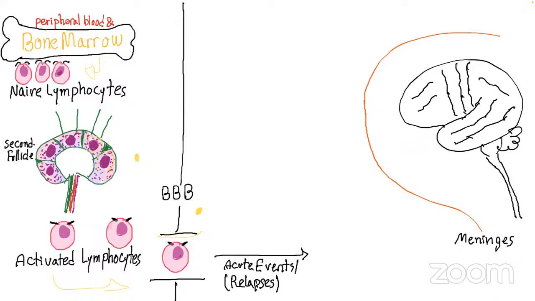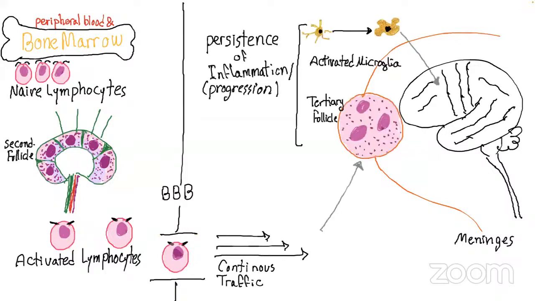Over time, when a number of cells start trafficking, if we call this a trafficking problem, let me remove everything. Here are more drawings. Okay, with ongoing trafficking of these lymphocytes, they start to have their own residence within the CNS compartment, within the meninges, and they start to develop what looks like the lymph node here.